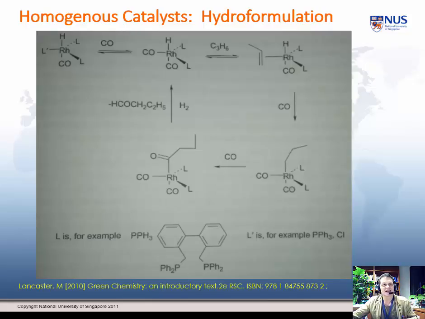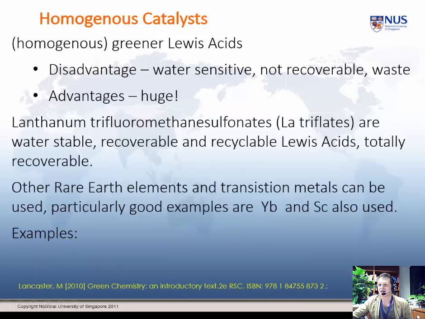So homogeneous catalysts, yes, lots of advantages. There is obviously active work trying to get these homogeneous catalysts into a heterogeneous form, because these Wilkinson's catalysts are very powerful, very useful, but there is still a big but.